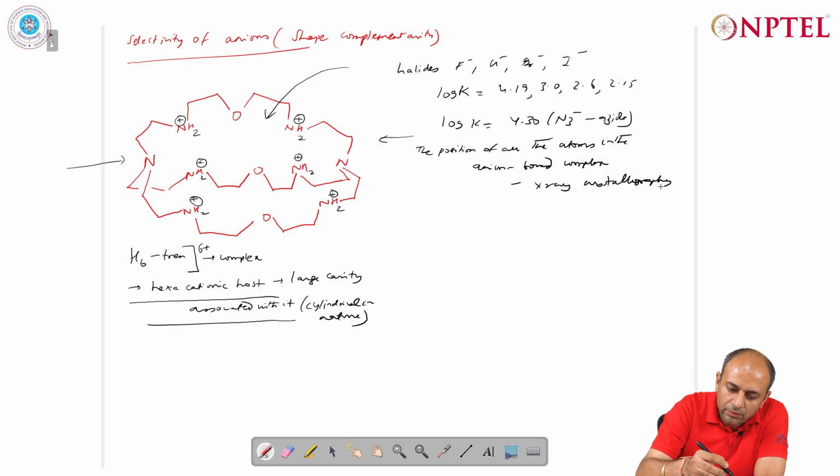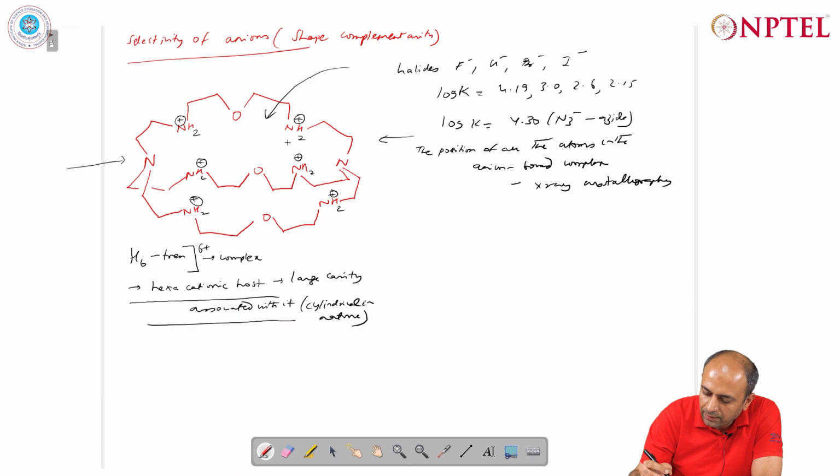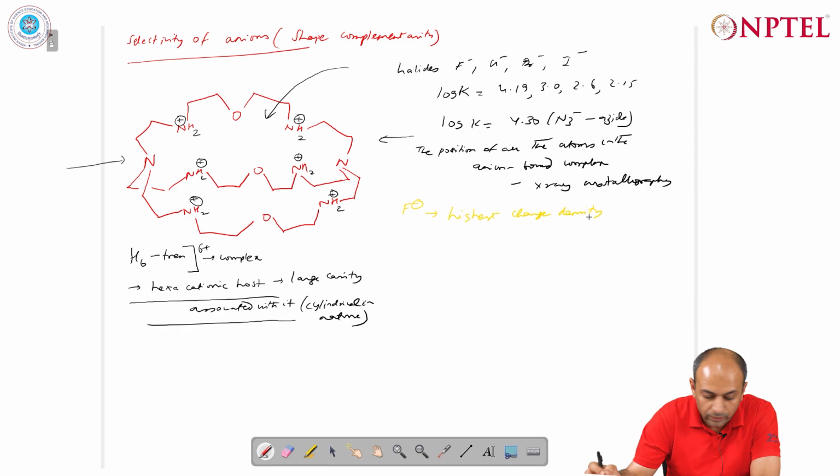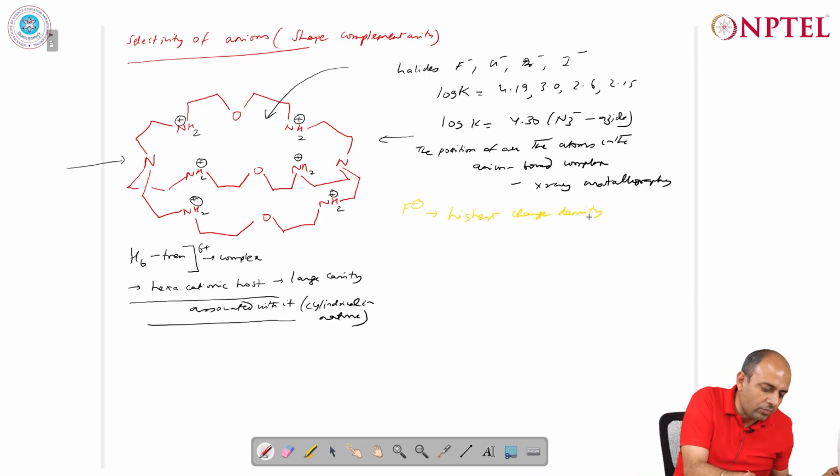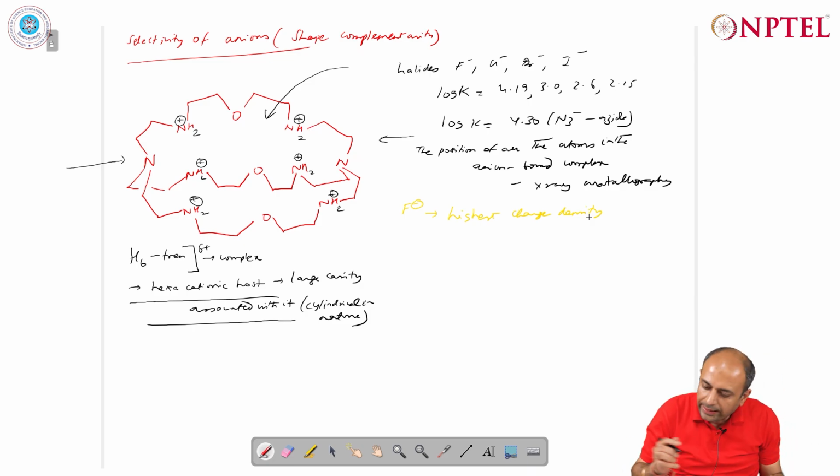And what has been observed is the following, that the fluoride anion is the one which has got the highest charge density. So in the case of fluoride, it is positioned somewhere here.